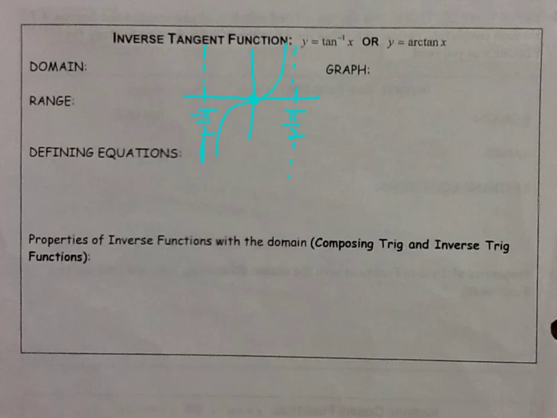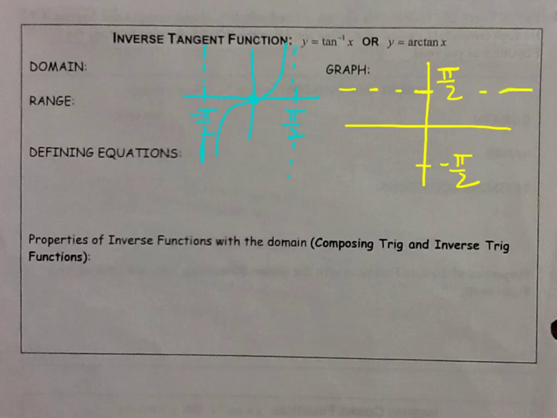Now, if you look at tangent, turns out it actually is 1 to 1. So when I graph the inverse tan and I switch the x and y axis, this one remains 1 to 1. So when I'm doing this, it's actually going to have horizontal asymptotes instead, because I'm switching. So it's actually going this way.